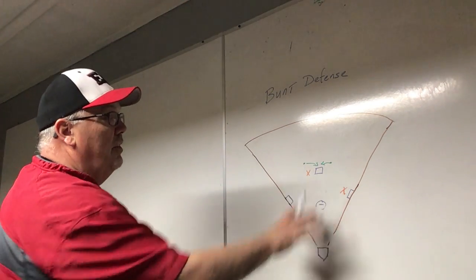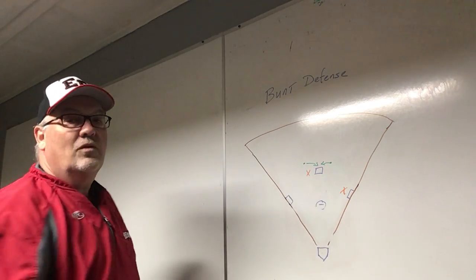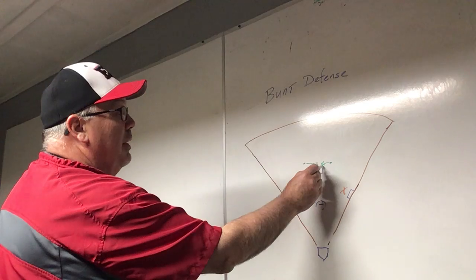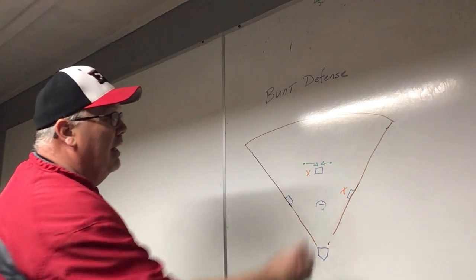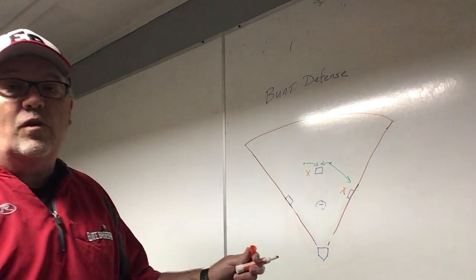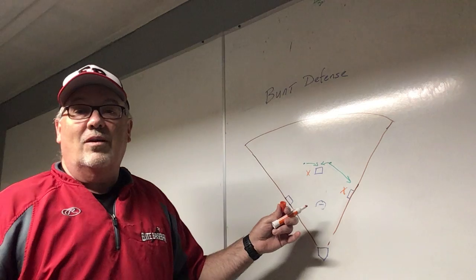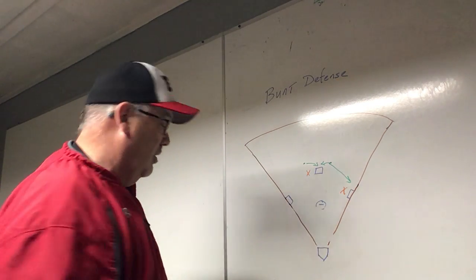Okay, the problem with this defense now, if the team chooses to bunt and our second baseman is caught too far toward the second base bag, that second baseman has a long run to get to first. Probably is going to get there on the fly, and somebody's going to have to throw it to him as a moving target.